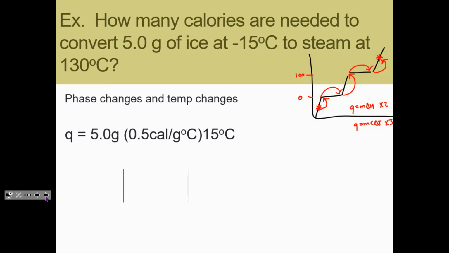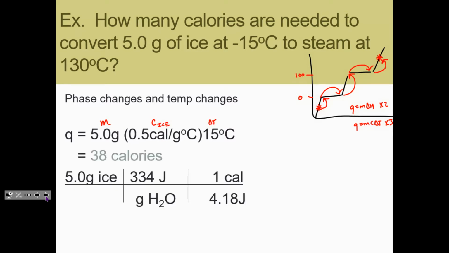So the first step is Q equals mcΔT. Here's the mass. Here's the specific heat for ice. And then here's the delta T. We solve and get 38 calories. So this is for step 1. Next step, we're going to use Q equals m delta H, or you can use dimensional analysis.